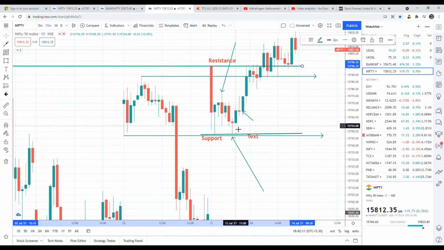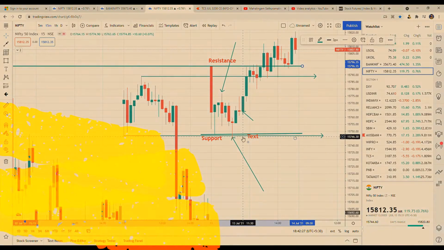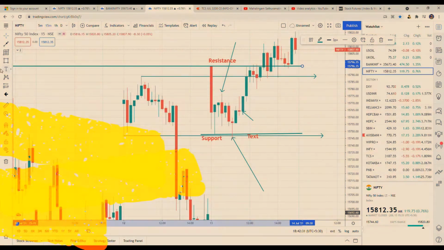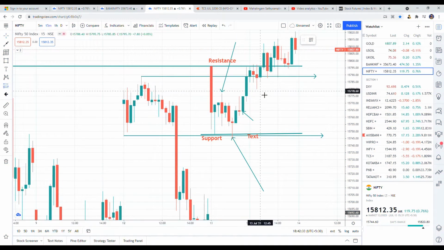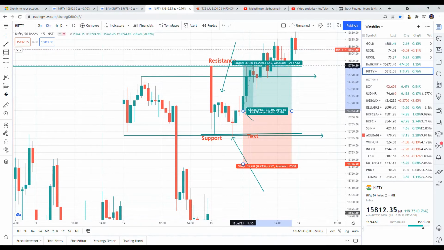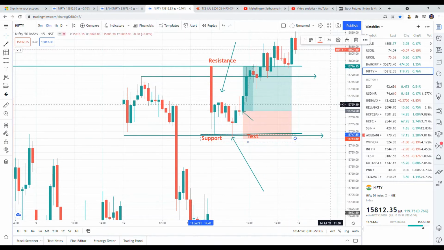So the first candle and the second candle are red candles, then on the third one you can enter here at 15,763 and you get a decent 40 points profit. Okay, where is your stop loss? Your stop loss has to be this point, 15,746. Look at the risk reward ratio. If you enter here, your target and your stop loss, very simple.